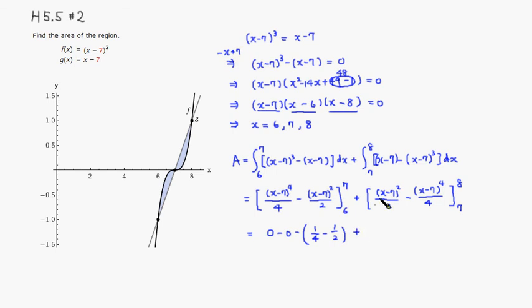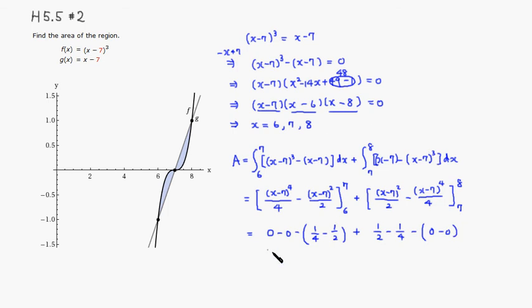Plus, plugging in 8, 8 minus 7 is 1, so it's going to be 1/2 minus 1/4, minus, if you plug in 7, it's 0 minus 0.